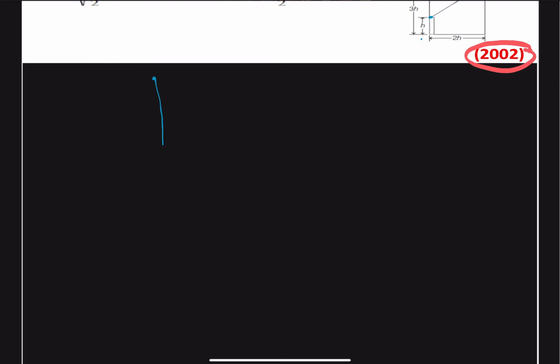So let us suppose this is our beaker, and we have a rod which is somewhere here, and its height is given as h. So this is h, and the height of the beaker is given as 3h.